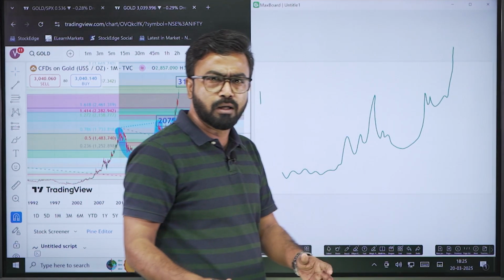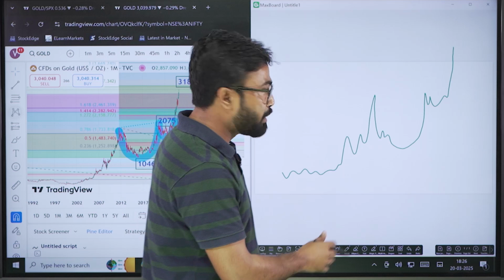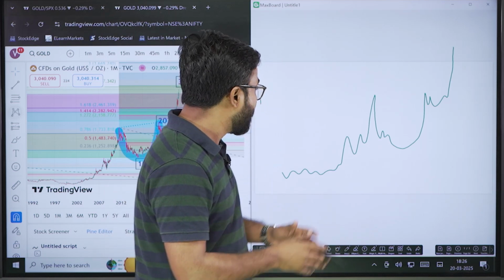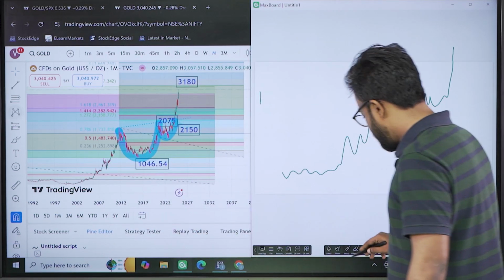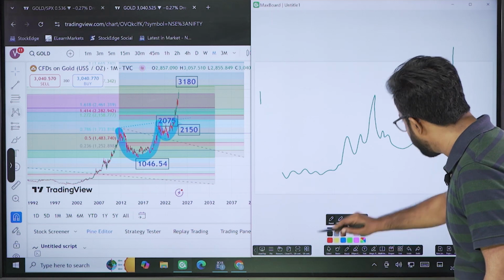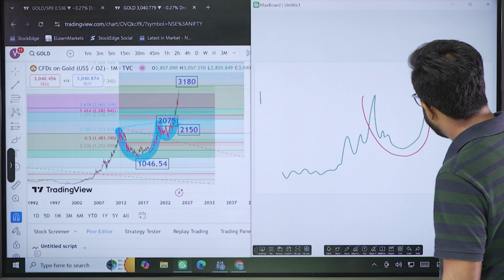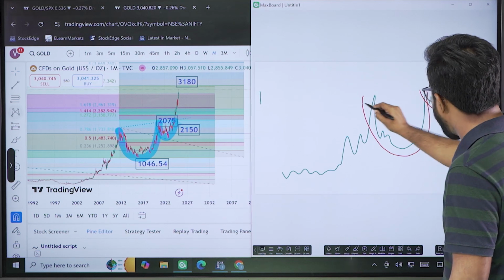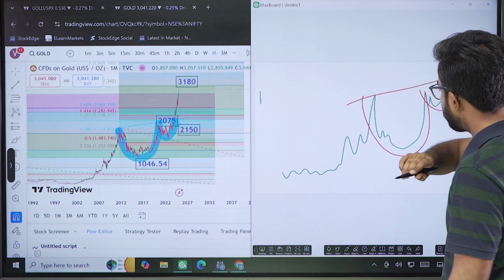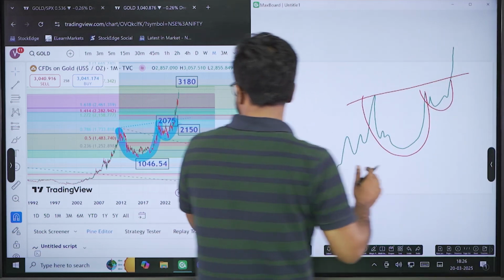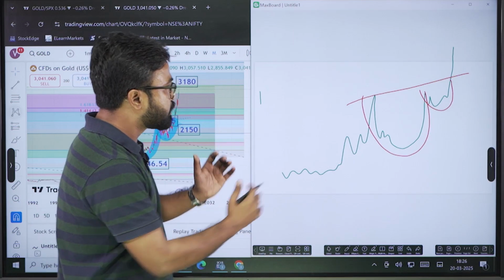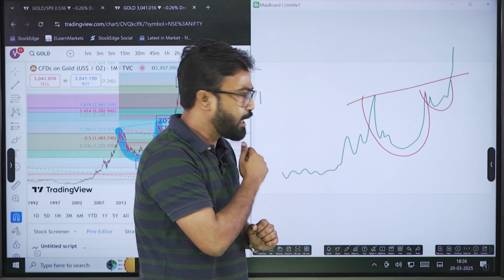I'm not very good in drawing all these things, but then again I'm trying to explain you as much as I can. I'm just changing the color of the pen. So this one is the cup, this one is the handle, and it looks like this. So why it is not theoretical? Because it is somewhat slanting, right?